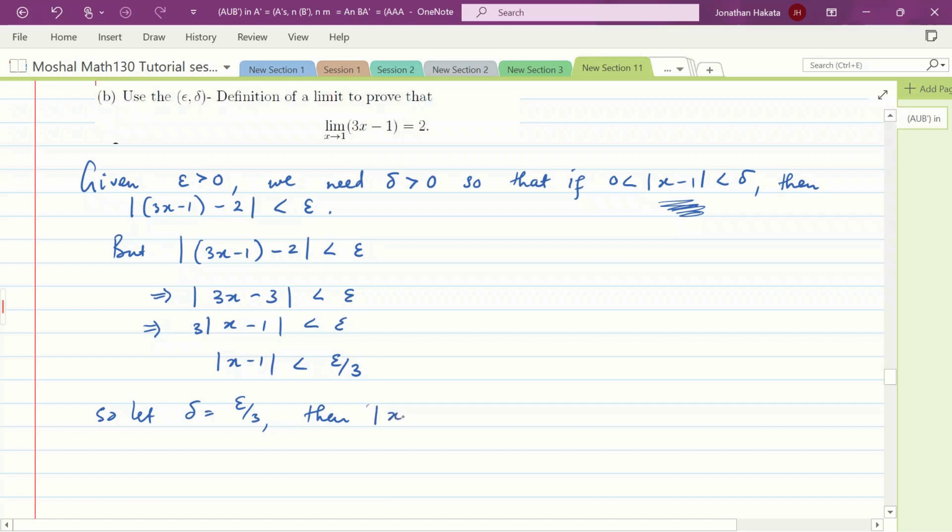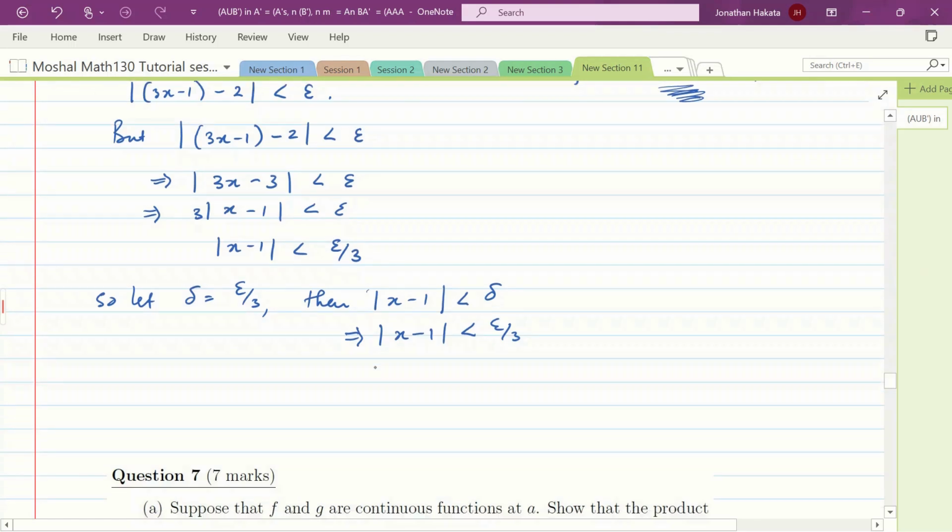So modulus of x minus 1 less than delta implies that modulus of x minus 1 is less than epsilon over 3, the one that we chose. Then multiply everywhere by 3, you have 3 times modulus of x minus 1 less than epsilon, and modulus of 3x minus 3, step by step.